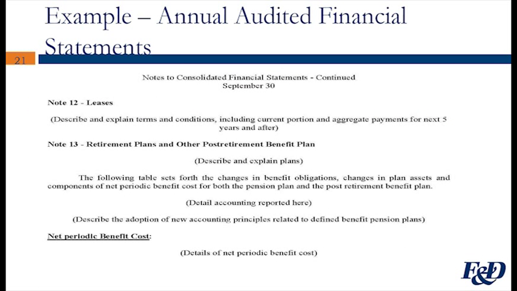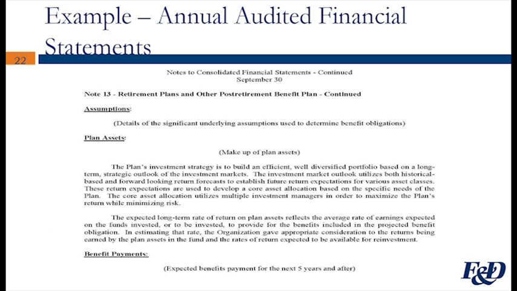The next footnote I'll go through just very quickly is retirement plans and other post-retirement benefit plans. We discussed defined benefit plans on the balance sheet as well as the statement of operations. There's also a very detailed footnote that breaks down all the different components of an organization's post-retirement benefit plans and retirement plans. Basically it needs to be taken right through a description of each of the plans, what the benefit obligations of the plans are, what the changes in plan assets are, and what the components of the net periodic benefit cost are, both for the pension plan and the post-retirement benefit plans, if there are both.